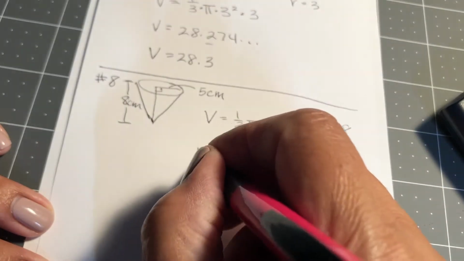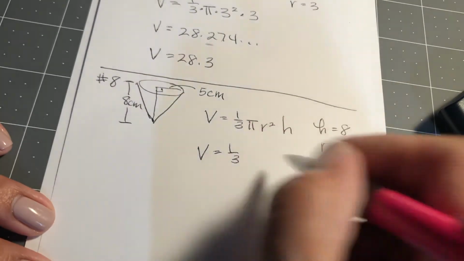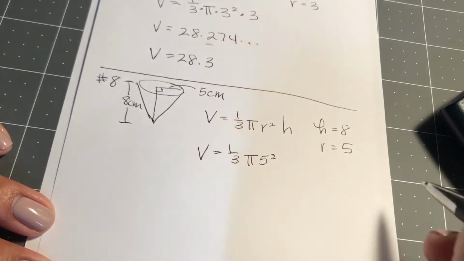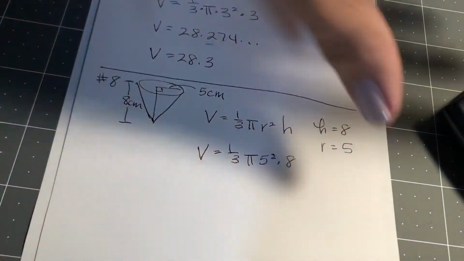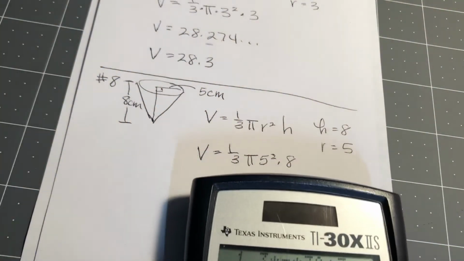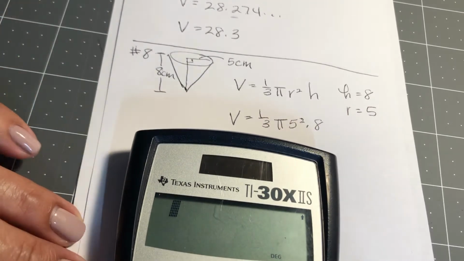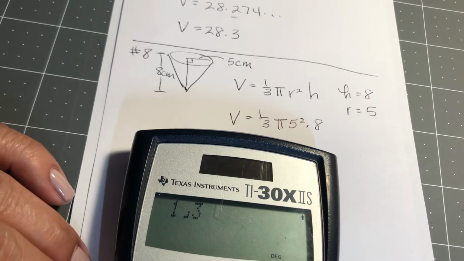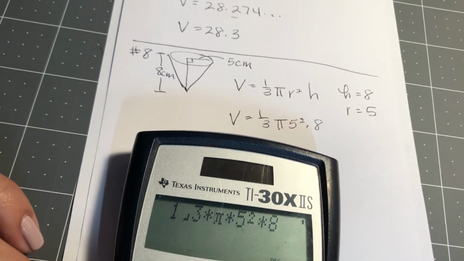So we can say V equals 1/3 pi 5 squared times 8. Get a calculator again, and we can say 1/3 times pi times 5 squared times 8.